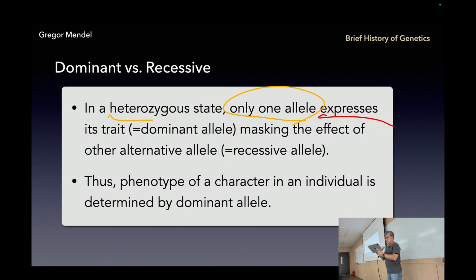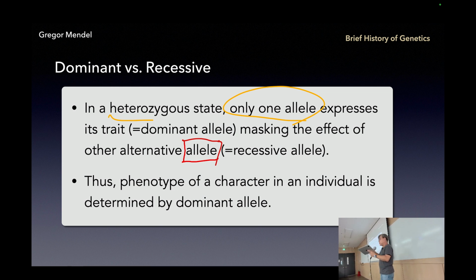I forgot to introduce something called the term allele. Allele is almost synonymous with a different trait, because for each character you have at least two different alleles.